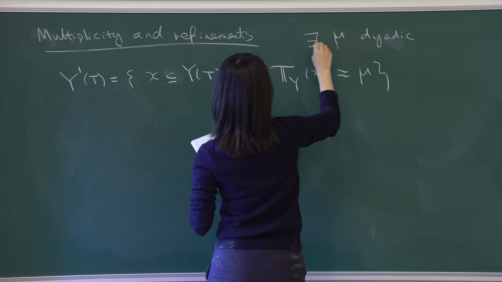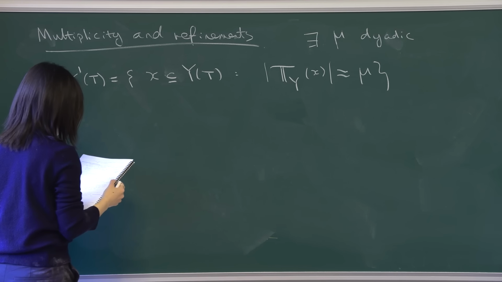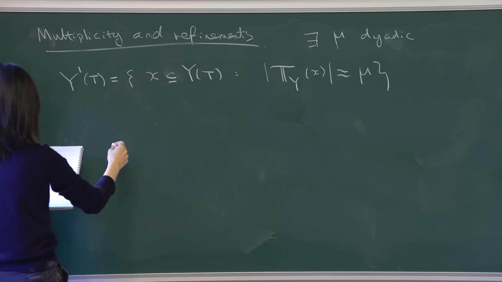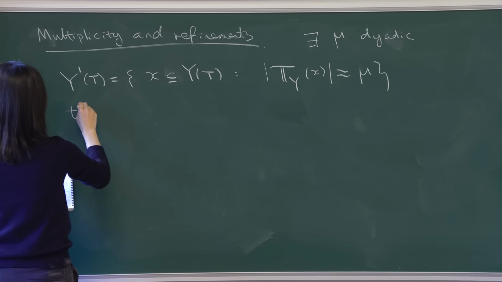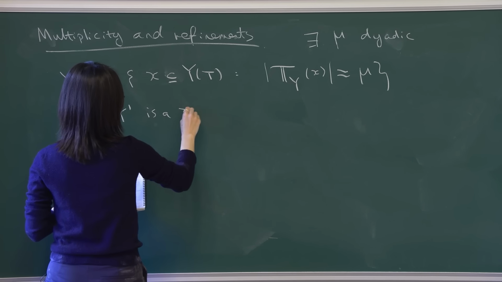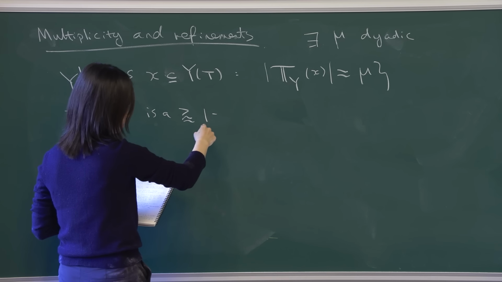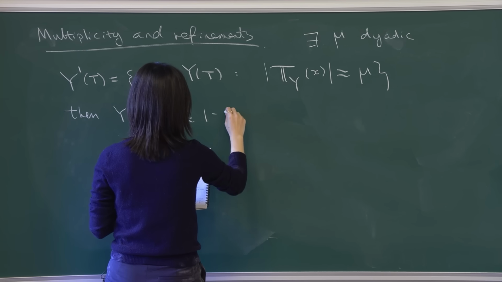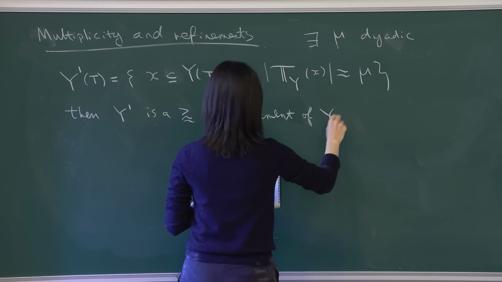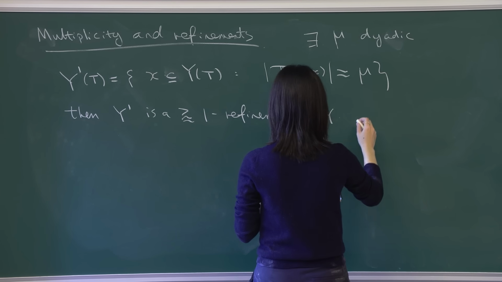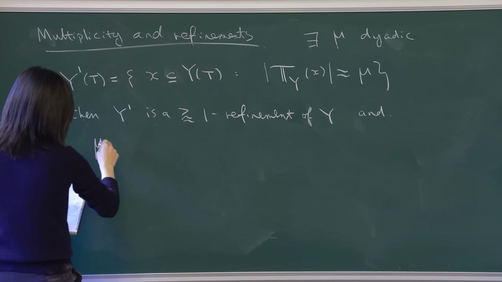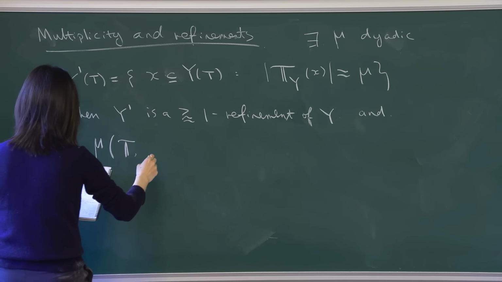There exists mu such that if we define Y'_T this way, then Y' is a log 1 over log delta refinement of Y. And we have the following very simple, but I think very convenient observation.